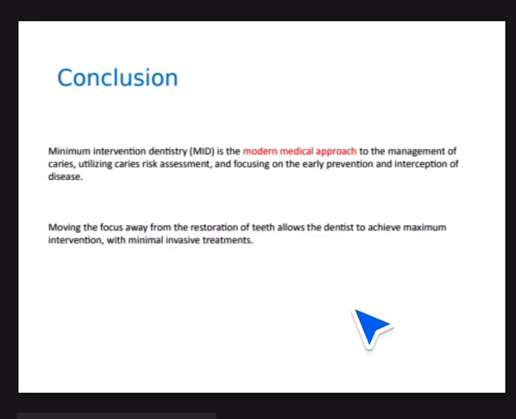Make your restorations using adhesive materials, which is glass enamel cement and resin composites. Dentistry is moving towards MID. Amalgam and metal restorations are finished. Do not tell operative people I said this, but they are finished. You have to be minimal intervention dentists of the future.